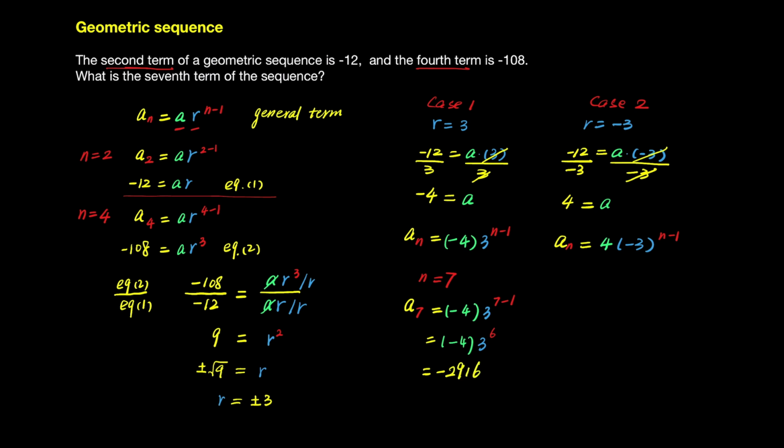For case 2, a7 equals 4 times negative 3 to the power of 7 minus 1. So we have 4 times negative 3 to the power of 6, which means the answer is positive 2916.